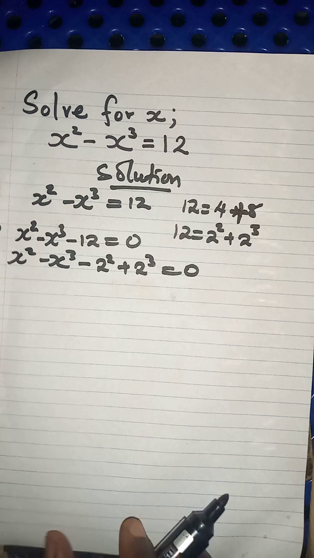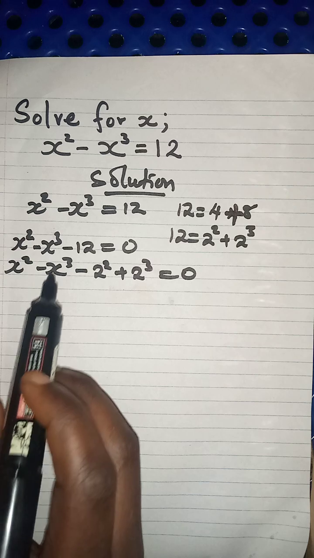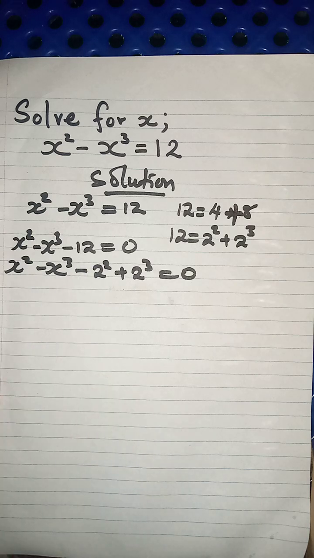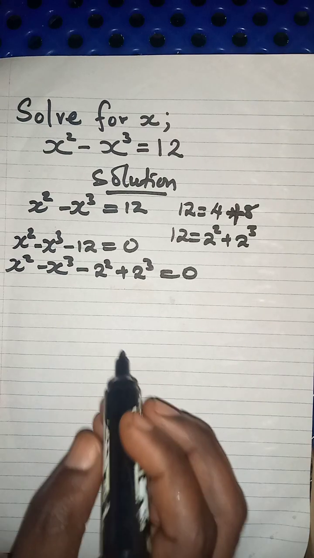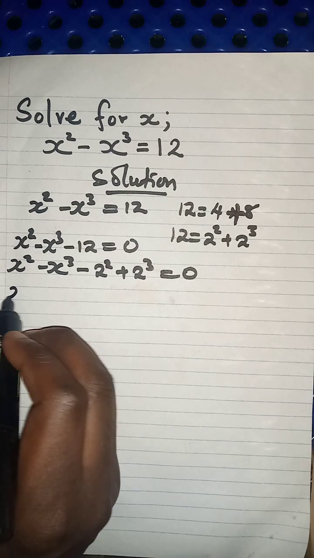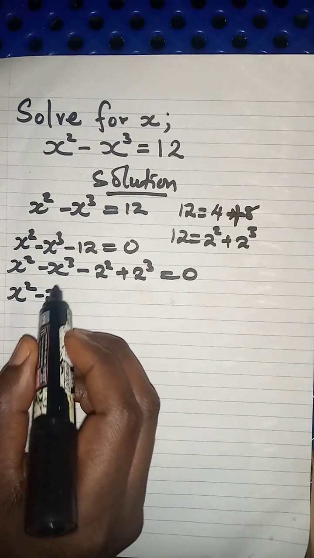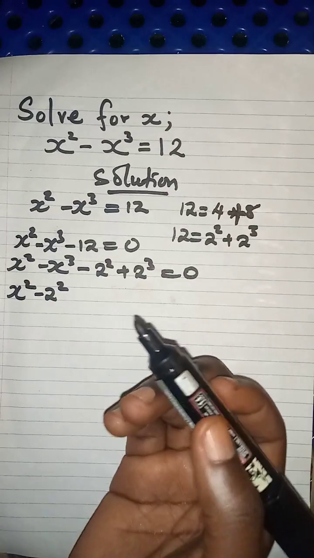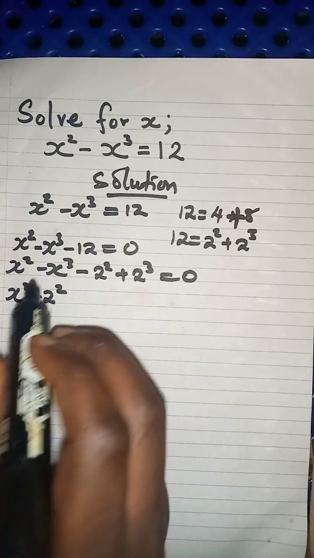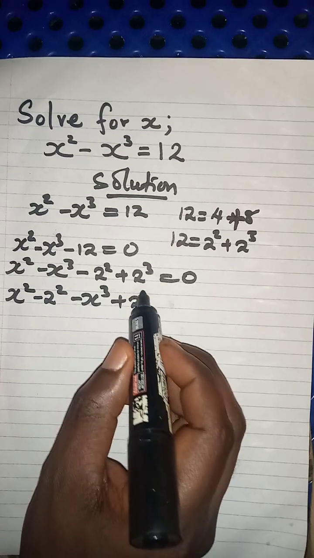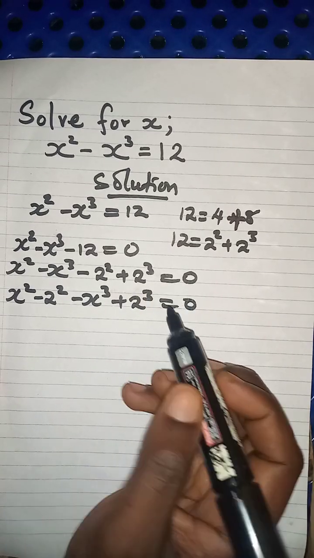At this stage, I'm going to collect the terms that have squared together, and the ones that have cubed, I'm going to put together too. So I have x squared, and then I bring this 2 squared, minus x cubed, and then bring this positive 2 cubed, is equal to 0.